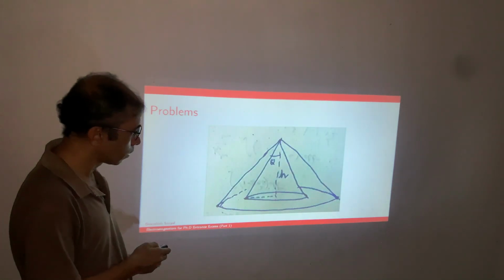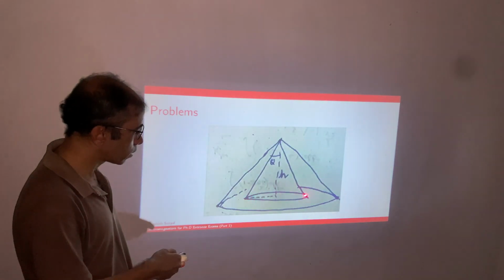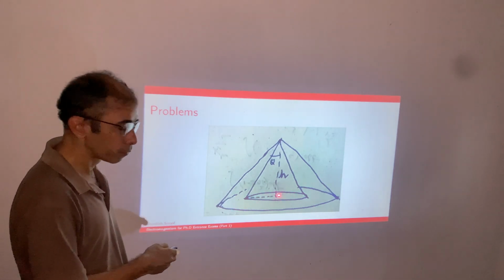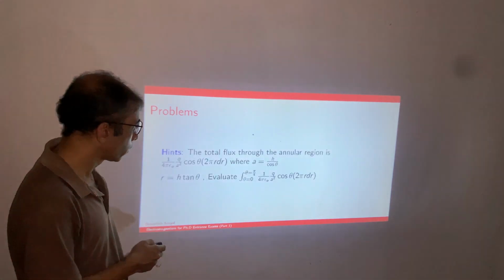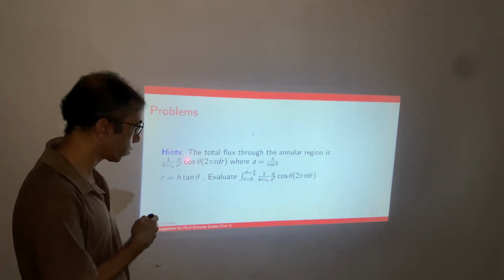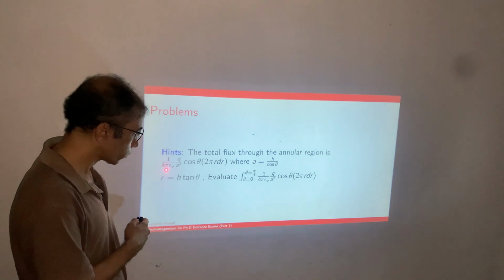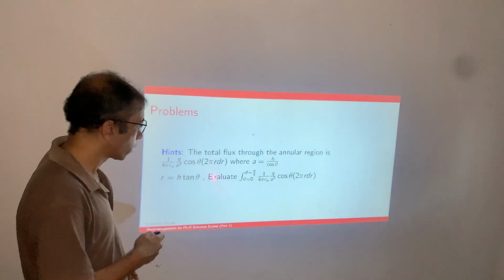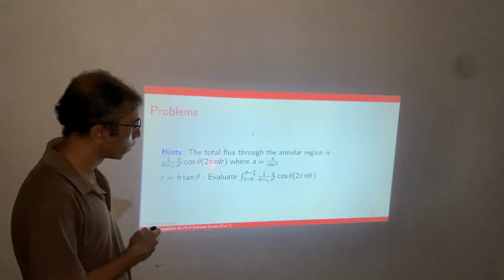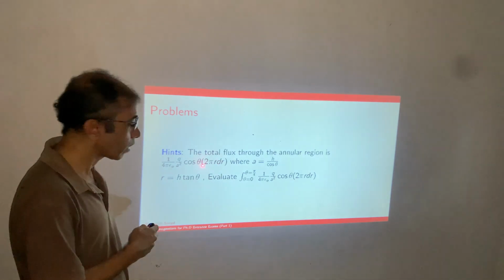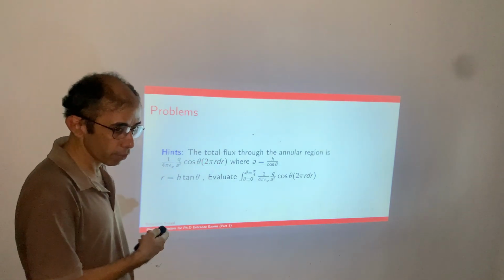And now every point on this circle will give the same contribution. Right? So this is the electric field perpendicular to the face, that is the base, and then we have 2 pi r dr. So this is the area. Flux is electric field into area.